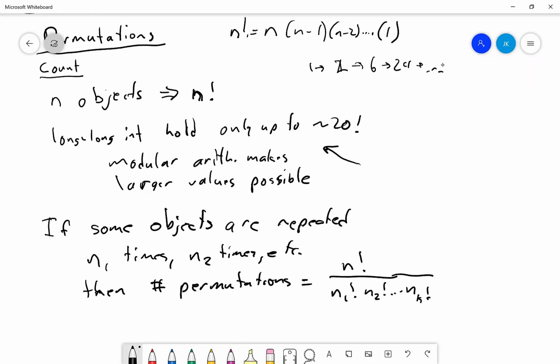So, if you say I've got 3 of type A and 4 of type B and 5 of type C, so there's a total of 12 items, this would be 12 factorial over 3 factorial, 4 factorial, 5 factorial.